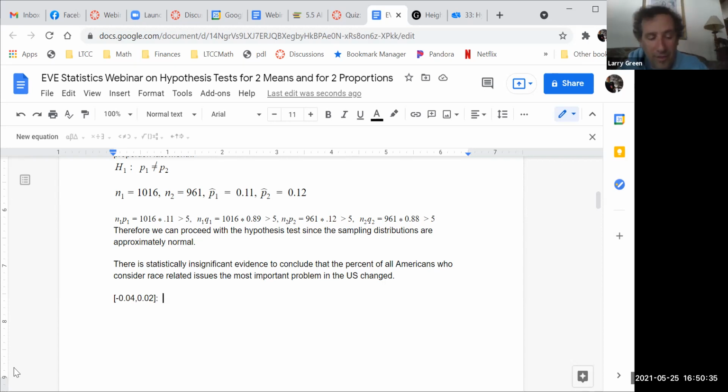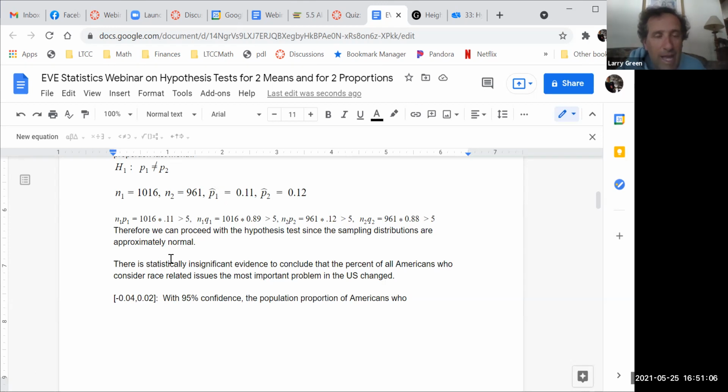Yeah, with 95% confidence, the population proportion of Americans who... And again, we're comparing this month to last month.